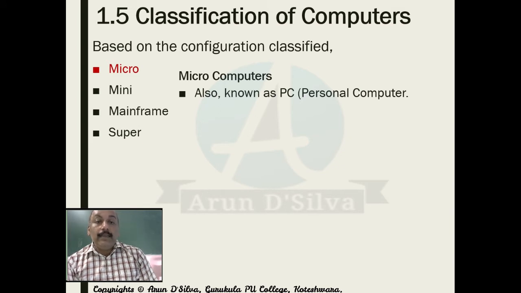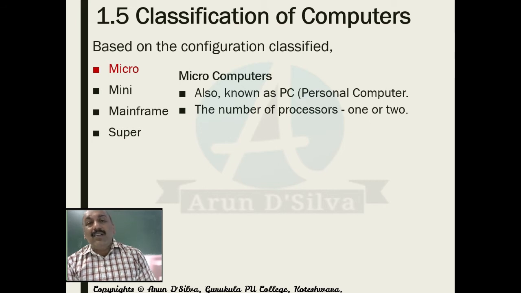Microcomputers, by another name, are PCs, personal computers. The computers which you and I are using belong to microcomputers. Your laptop, your palmtop, your tablet, smartphones, all these computers are called microcomputers.